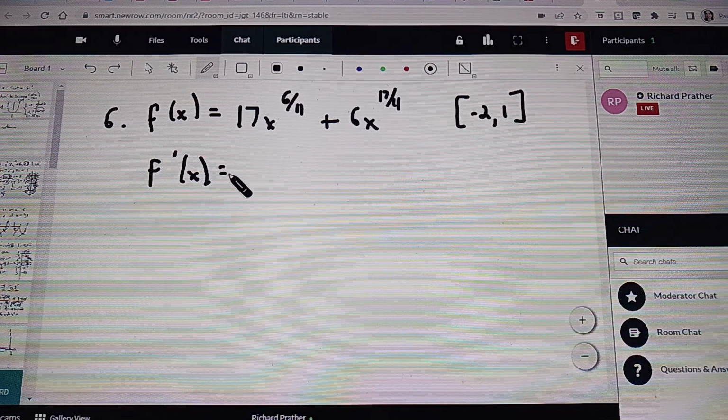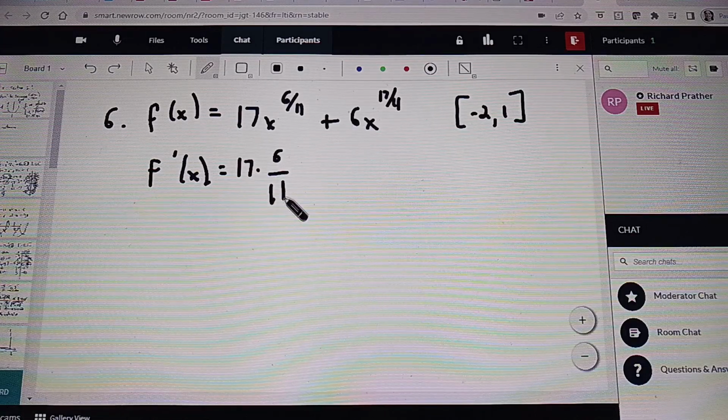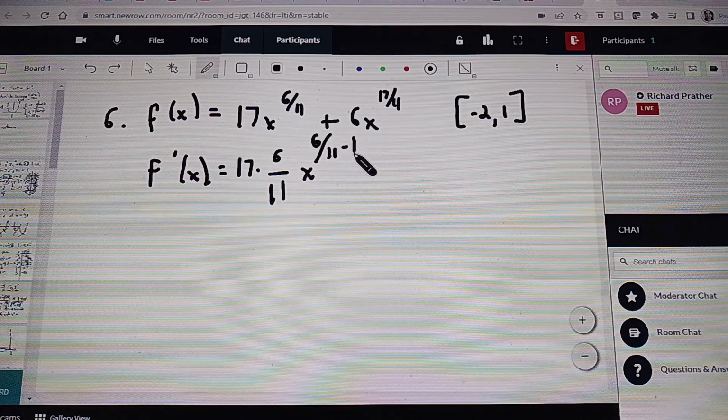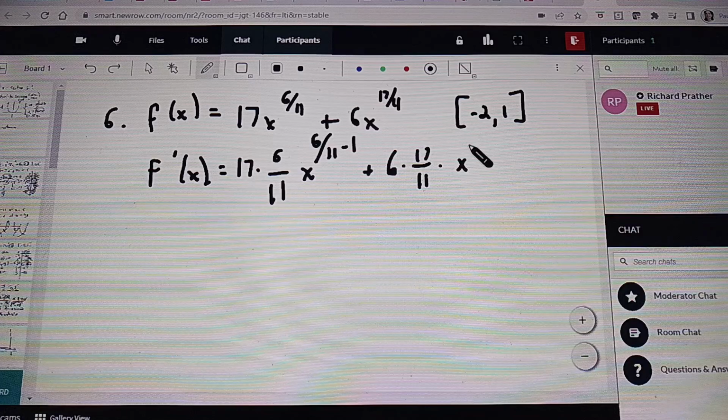So the derivative would be 17 times 6/11 x to the 6/11 minus 1. That's literally doing the power rule right there. And then 6 times 17/11 x to the 17/11 minus 1.